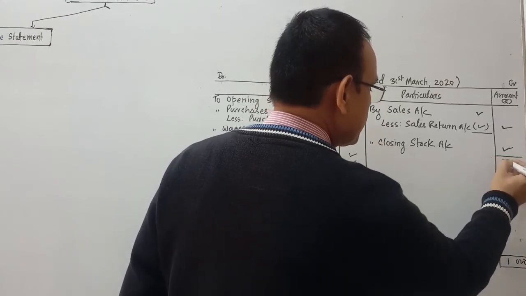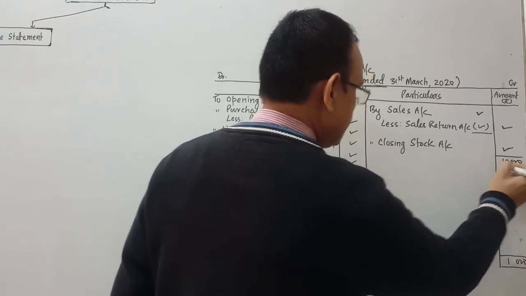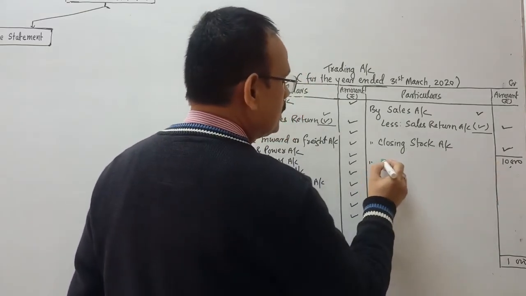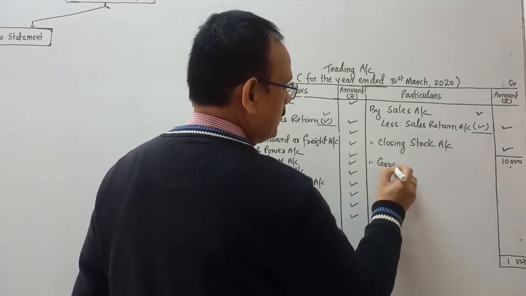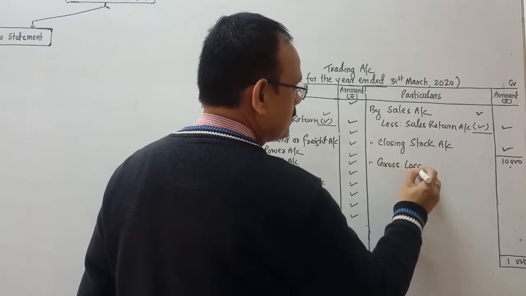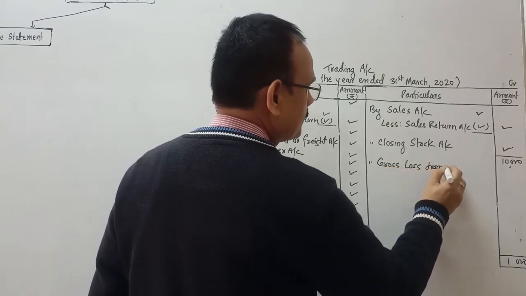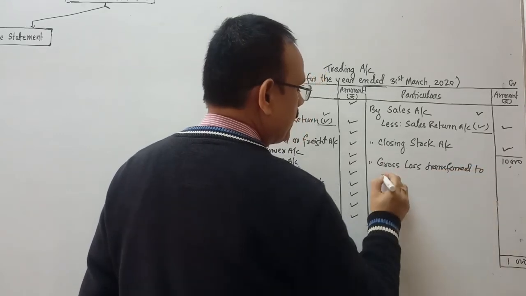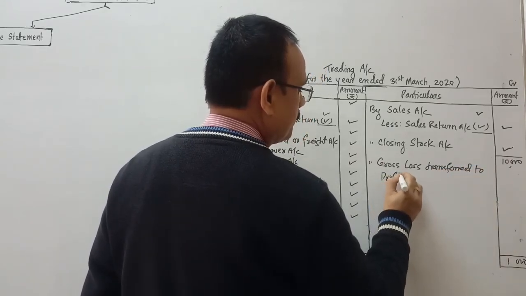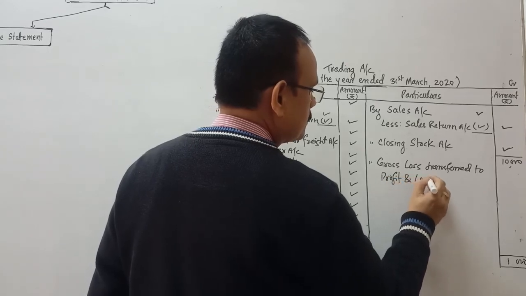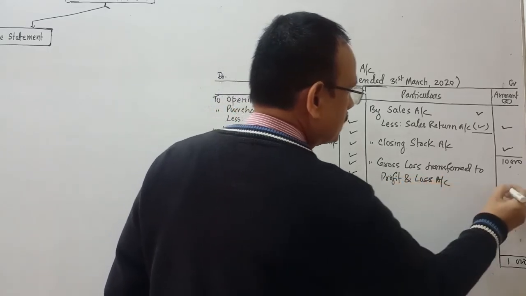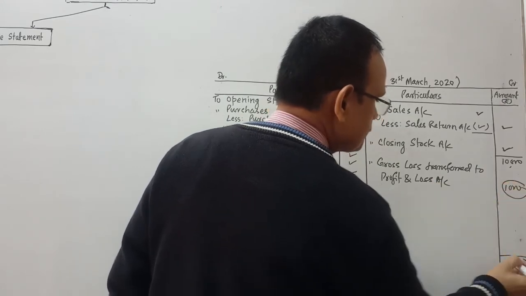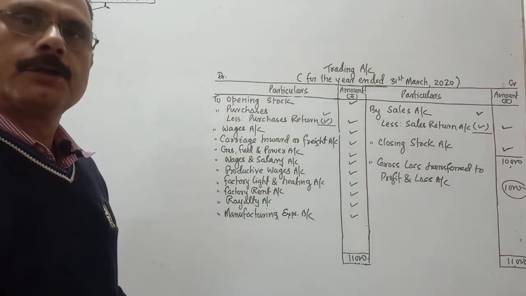Suppose credit side total is 10,000 and debit side total is 11,000. So the difference amount indicates a gross loss, which is transferred to profit and loss account. 1,000 is the gross loss, and in this case it will be transferred to profit and loss.